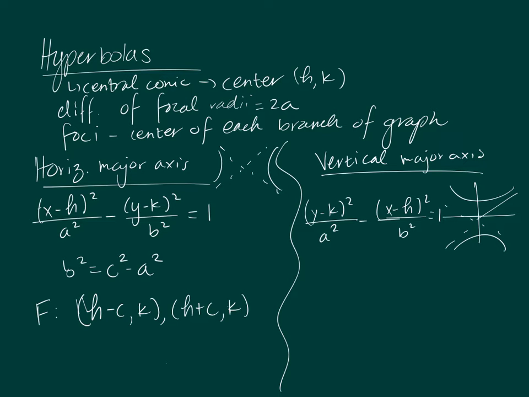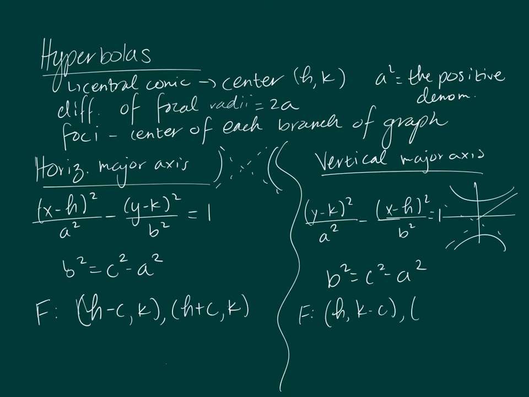So if you haven't caught on yet, a squared is under the positive term with hyperbolas, okay? And b squared you still find the same way. And the foci flip. So now we've got (h, k minus c) and (h, k plus c).